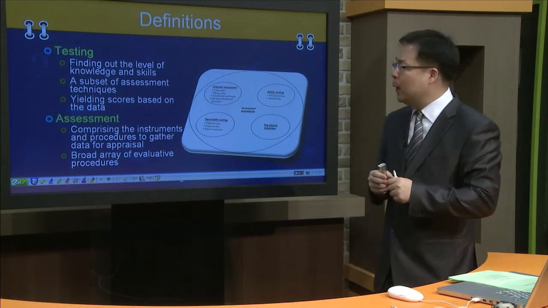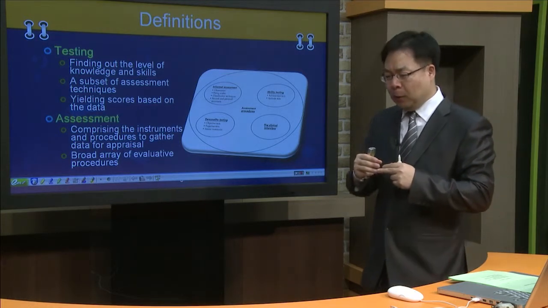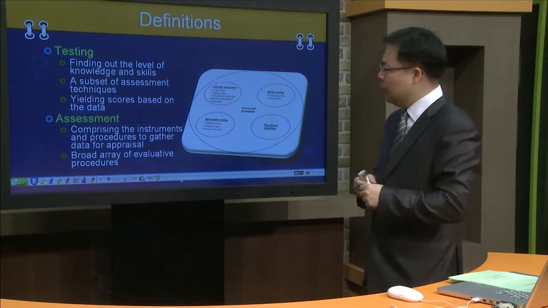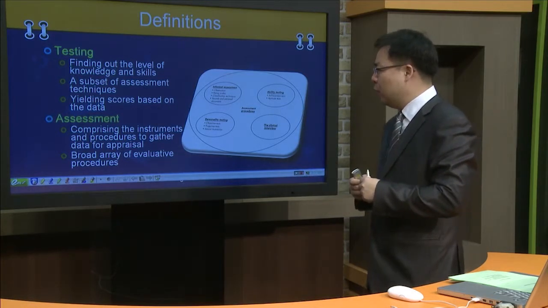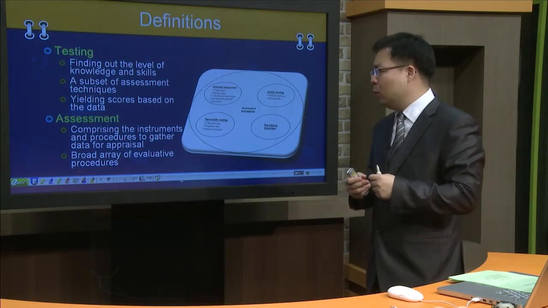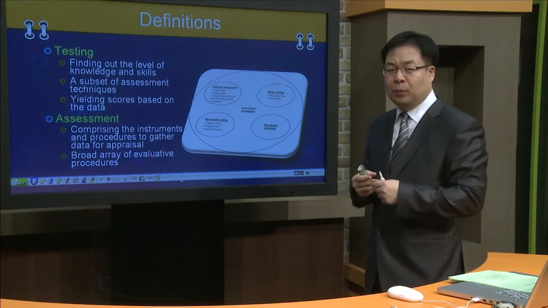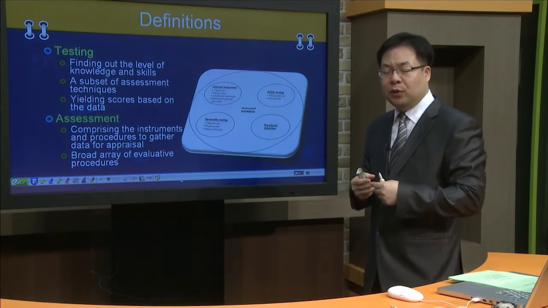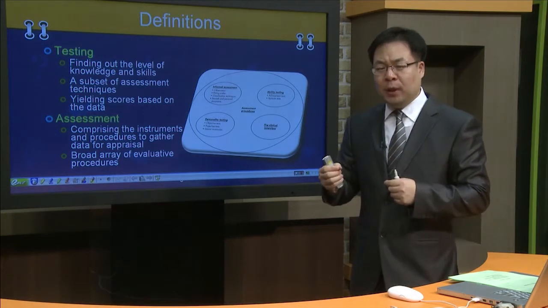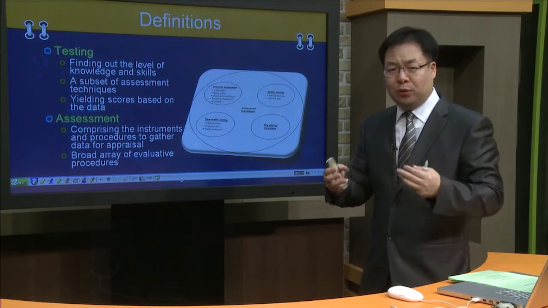So measuring and evaluating itself is testing. However, assessment has additional meaning. If you look here, it comprises the instruments and procedures to gather data for appraisal, and also a broad array of evaluative procedures. So assessment is not only measuring the score, but also includes the whole procedure.